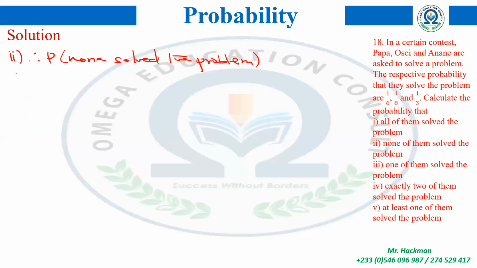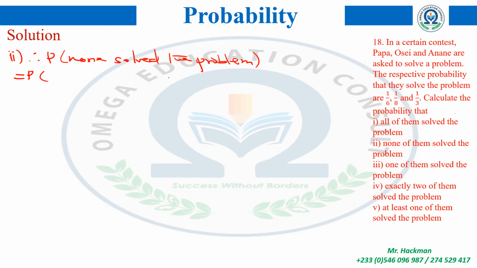So none of them solve the problem, which will be that of the II, will be P. We said Papa is not able to solve the problem. So this one, you have only one possibility. Papa is not able to solve, Ose is not able to solve, then Anani equally is not able to solve. So not able to solve will be the complement.